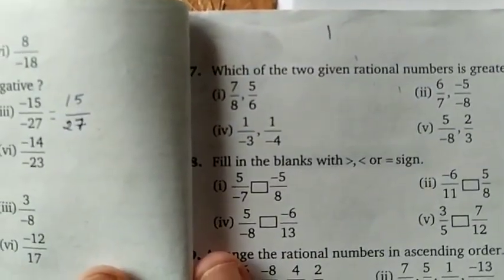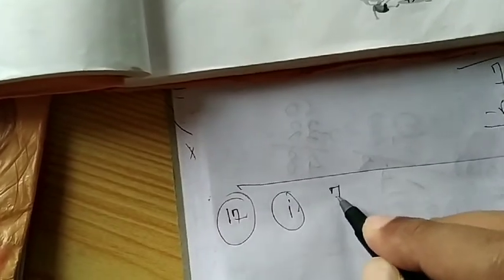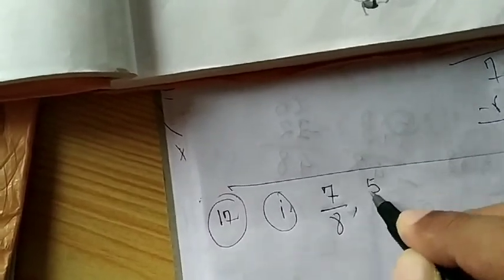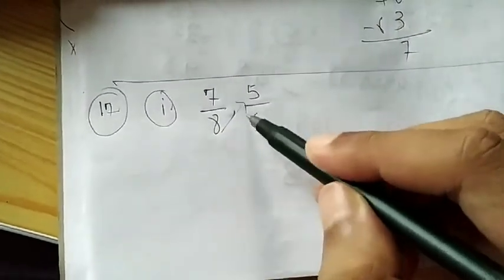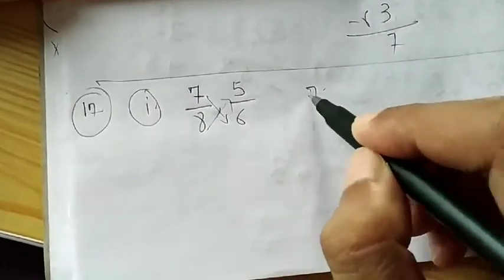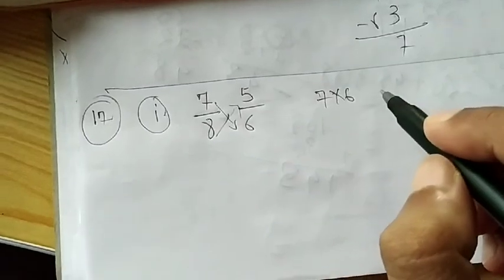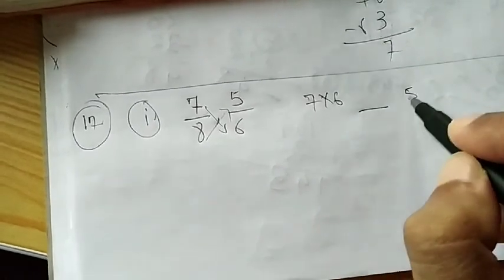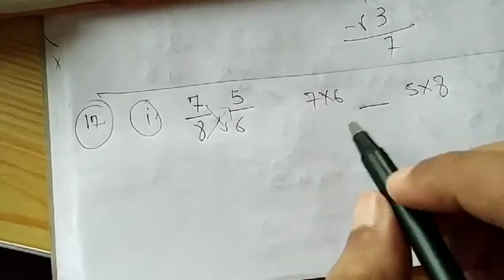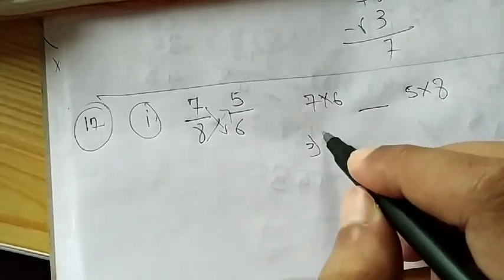Number A, 7 by 8, 5 by 6. Now which one of them is greater? You have to cross multiply. This with this, this with this. 7 into 6 and 5 into 8. 7 6s are 54.